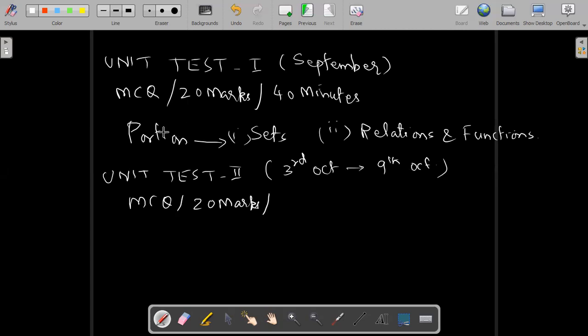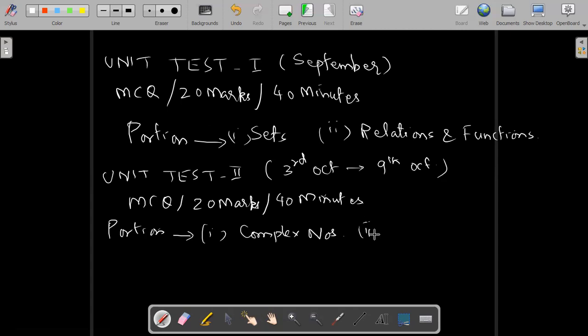MCQ can be case study based questions and assertion reasons. 40 minutes. Its portion is complex numbers that we have to complete, and second, sequences and series.